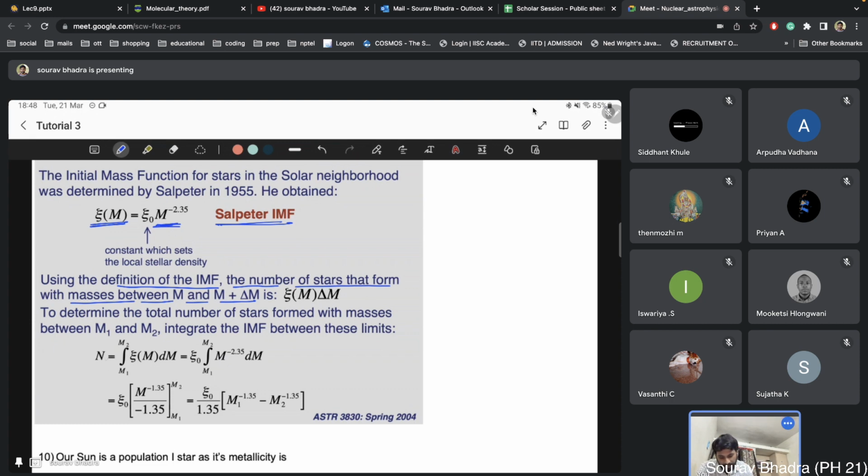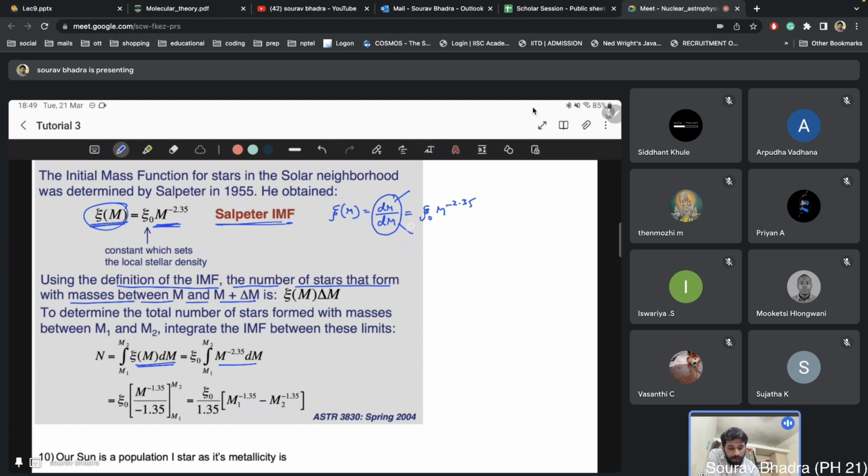So n will be the integral of zeta m dm, where zeta m is expressed by this. What is zeta m? Zeta m is actually dn by dm, which is proportional to zeta 0 times m to the power minus 2.35. This tells you the number of stars with mass m in the range m to m plus delta m.